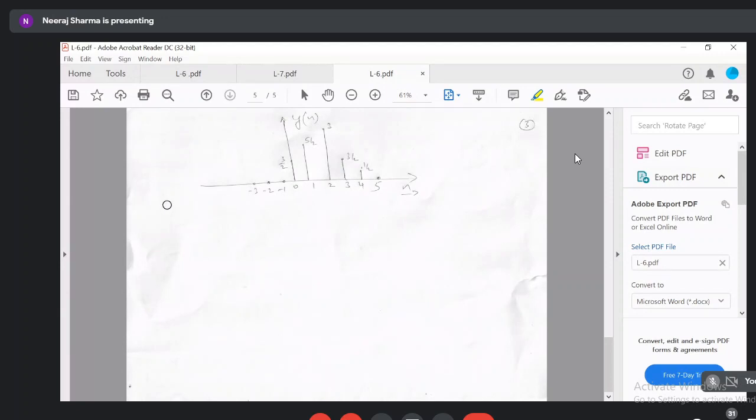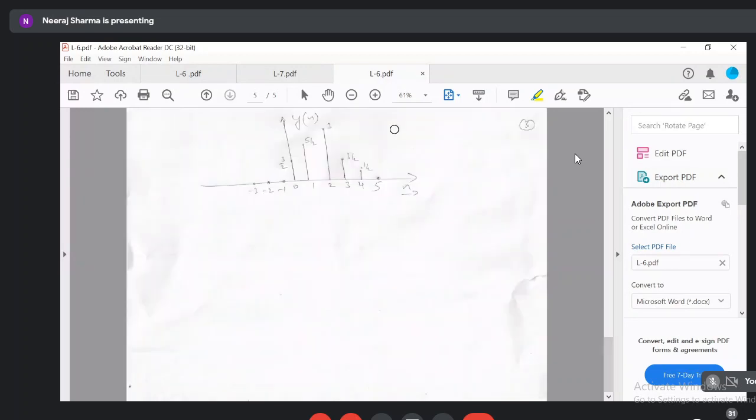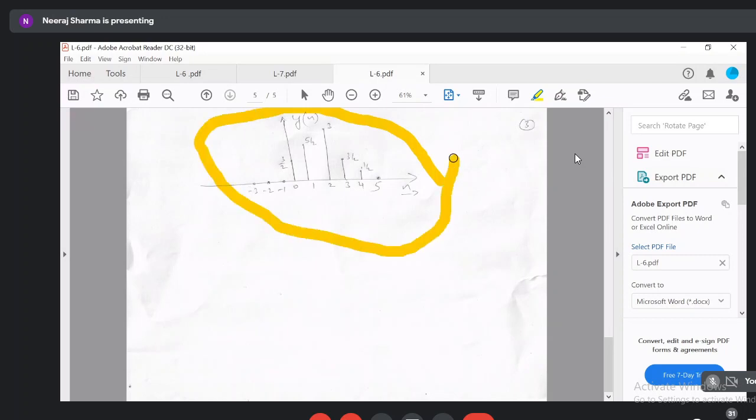Similarly, on the left hand side, we do not have any output sequence. As we found out in the previous step, negative values of y of n are all equal to 0, right? And the positive values of y of n go up to 4. So we get the output sequence y of n, right?